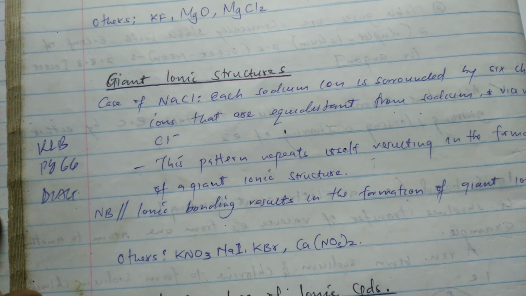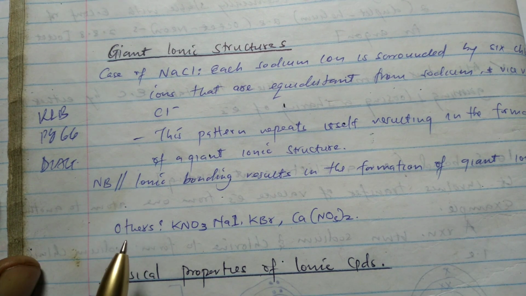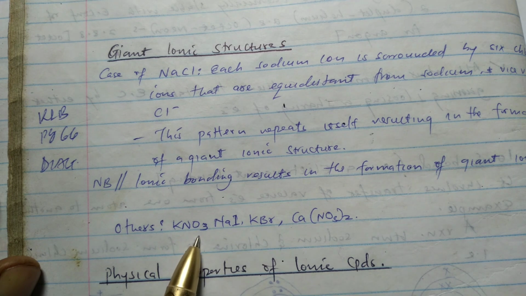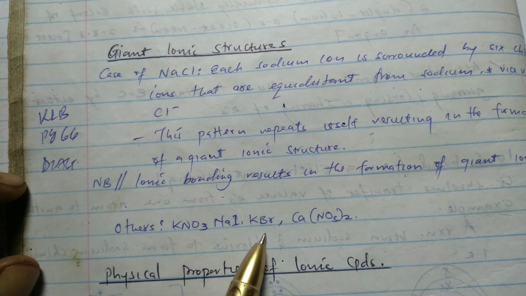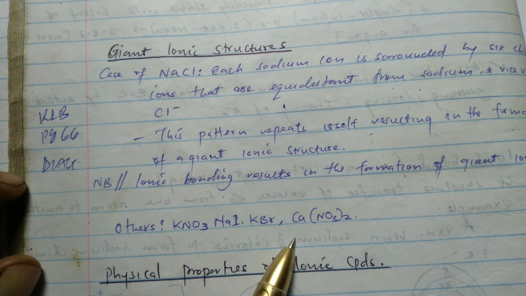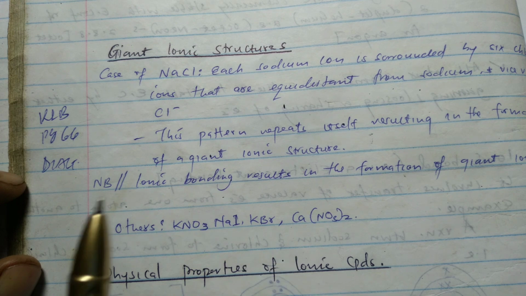Other compounds that have a giant ionic structure include potassium nitrate, sodium iodide, potassium bromide, and calcium nitrate.